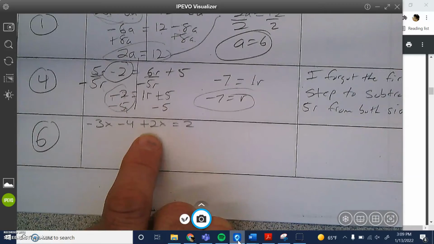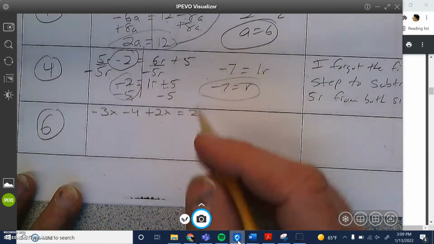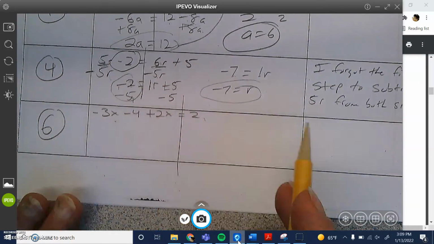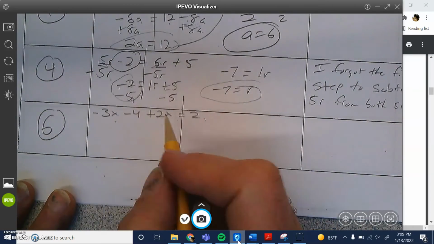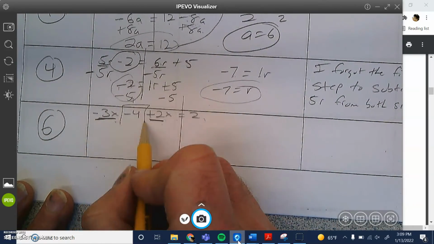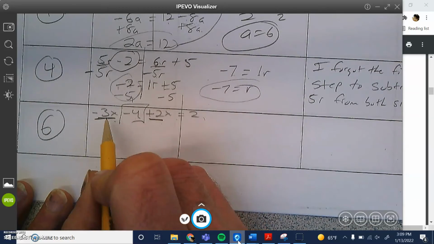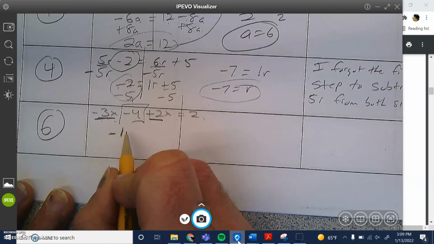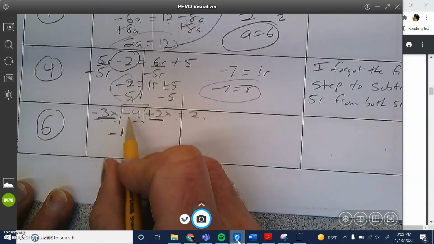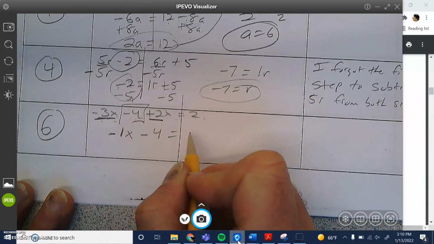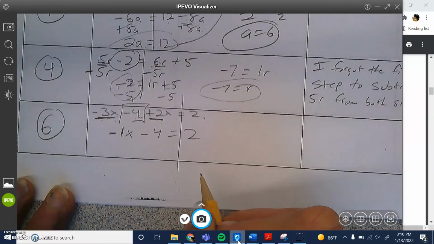I write that line so I don't combine like terms over the equal sign. I combine these terms here, and the 4 is a different term because it doesn't have an x. Negative 3x and 2x is negative 1x. Minus 4 doesn't combine with anything, so just leave it, and the 2 is still there.